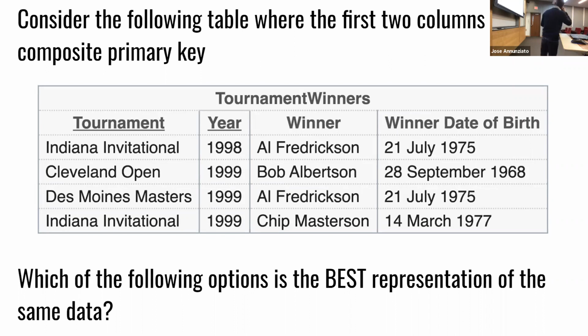And this one, if you remember, broke third normal form, because you had a functional dependency between two fields, where one is the date of birth of the winner.